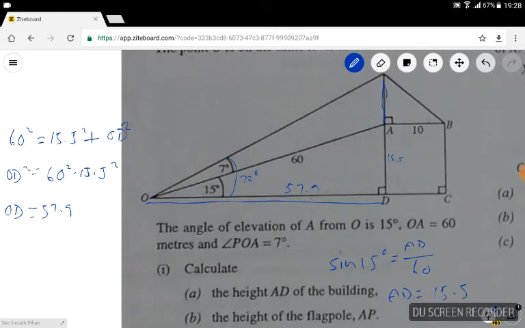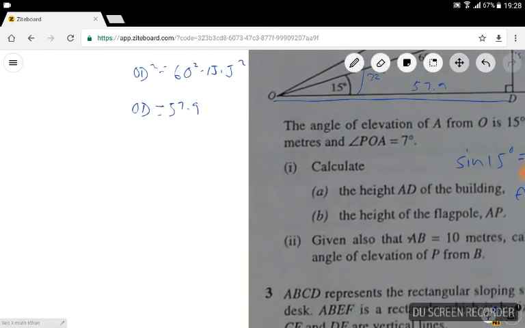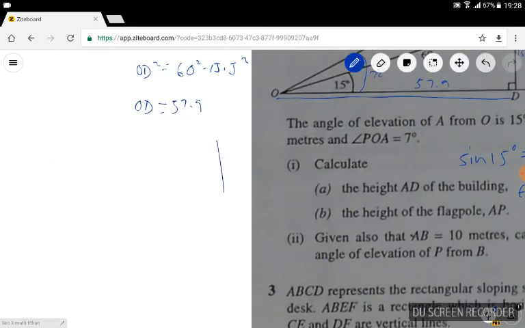So with the base, I can find this. Right, I just have to create another triangle. So in my other triangle, it looks like this. Here is 22 degrees. This is 57.9. And I want to find this part. Which trigonometry do I use? Is it sine, cosine, or tangent?